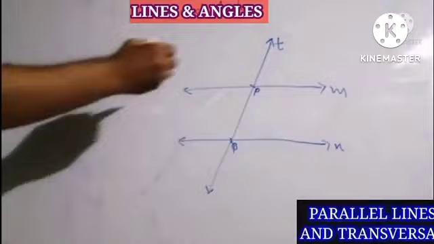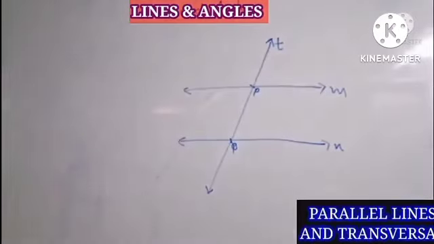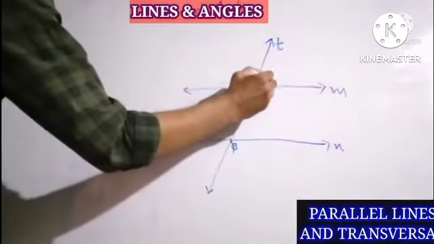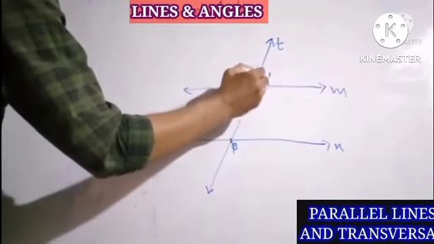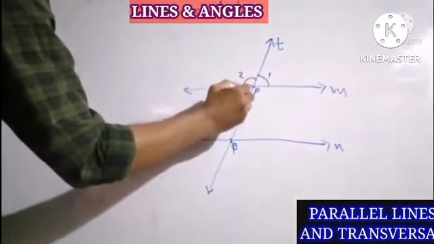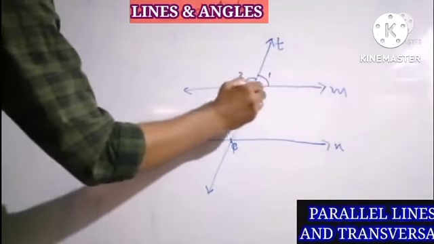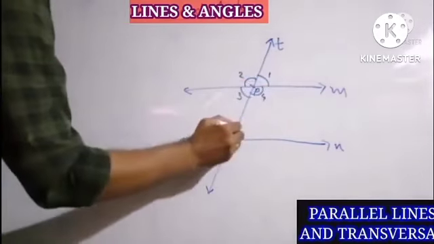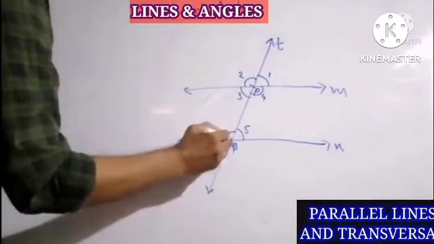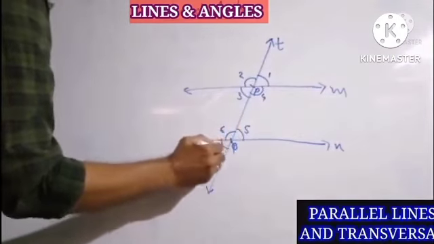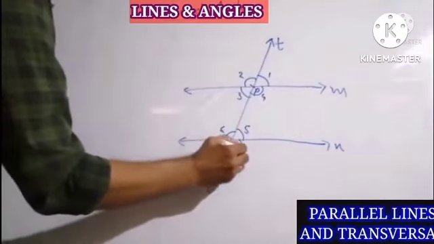Now, when two lines are intersected by a transversal, 8 angles are formed. These are the 8 angles: 1, 2, 3, 4, 5, 6, 7, and 8.